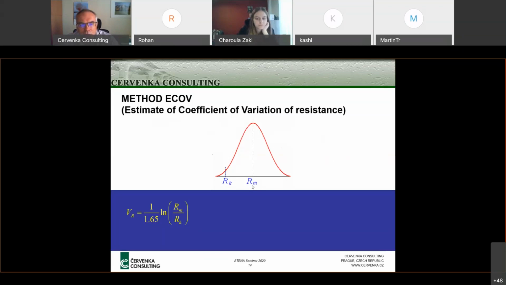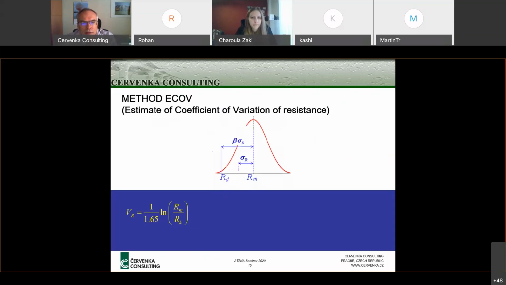So let's describe a little bit in more detail this ECOV method, which I told you requires two analyses. One with mean parameters and one with characteristic parameters. So in this way, we can obtain some kind of idea about the randomness of the strength, of the distribution of the structural strength. And with that, we can then make a quite reliable estimate of the design strength.